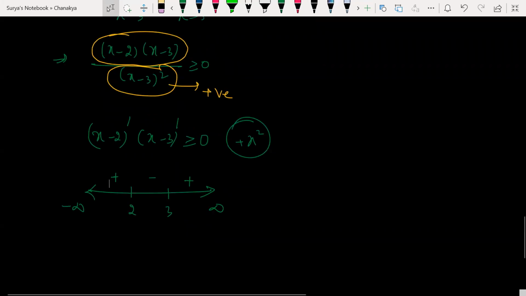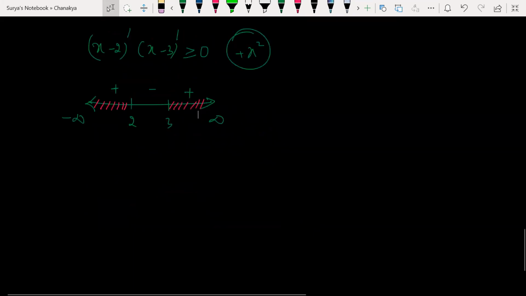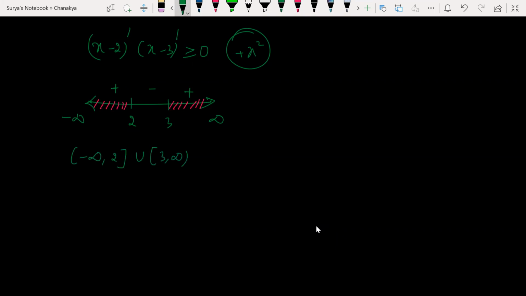Now I need only the plus regions. I don't want the negative region, isn't it? So what is the domain going to be now? Tell me. Minus infinity to 2, including 2, union.